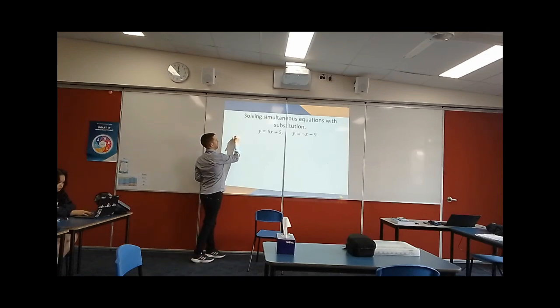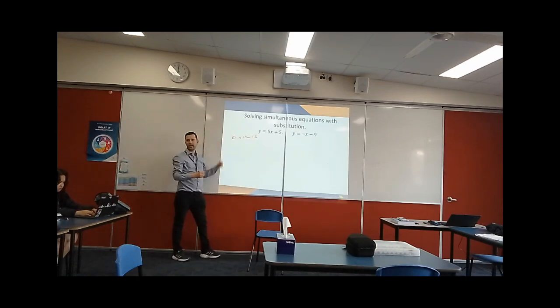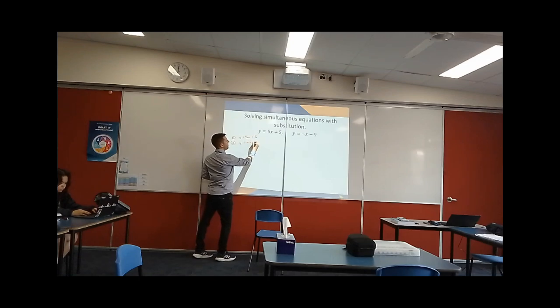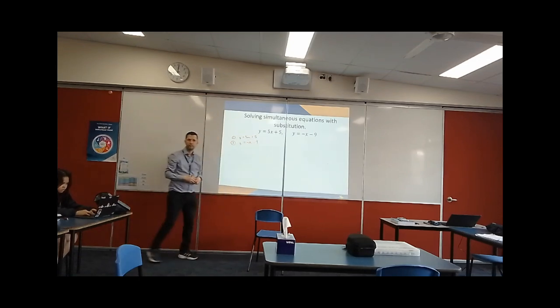So, my equation 1 is y equals 5x plus 5, and I like to use 1 and 2 quite a lot. My equation 2 is y equals negative x take away 9.